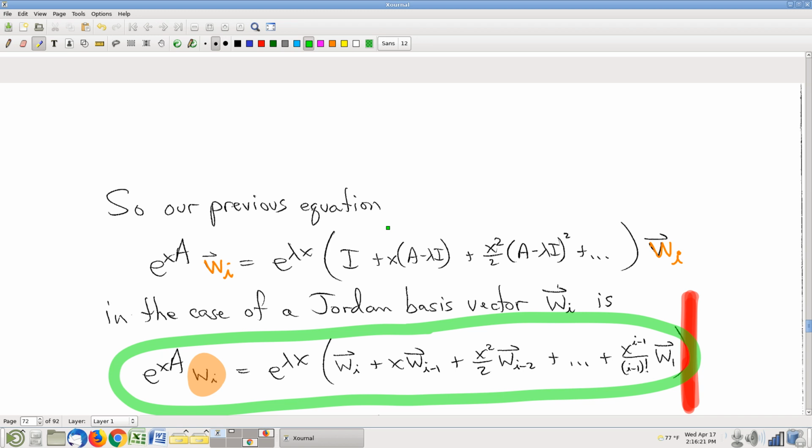And then one term after another, just keep going through this series where the coefficients are doing sort of an exponential Taylor series thing, you'll recognize. And the vectors that you're multiplying by are just continuing one term at a time to go backwards through the list of Jordan basis vectors for that block until you get to the eigenvector, and then you stop. Everybody see the pattern? Okay. Let's see how this works out.